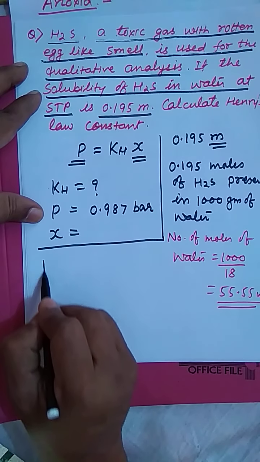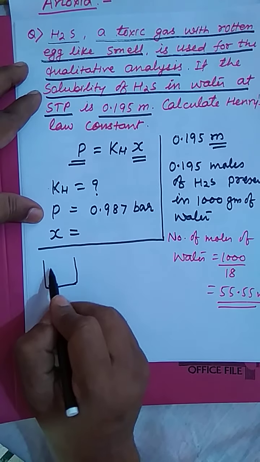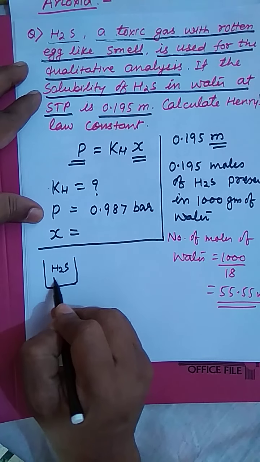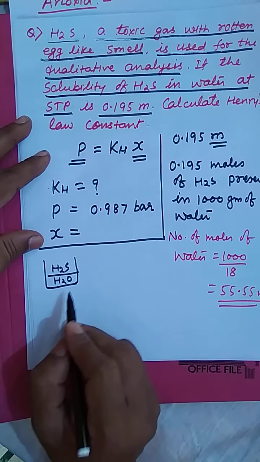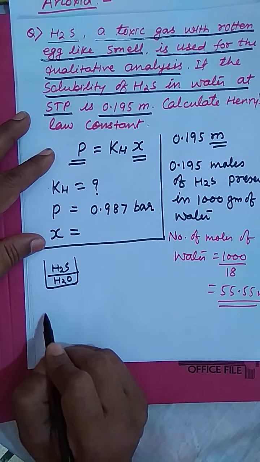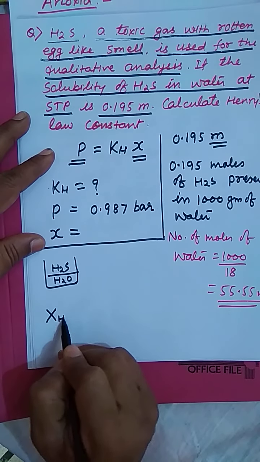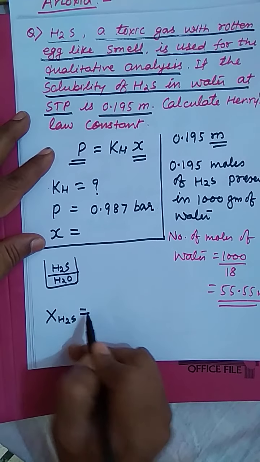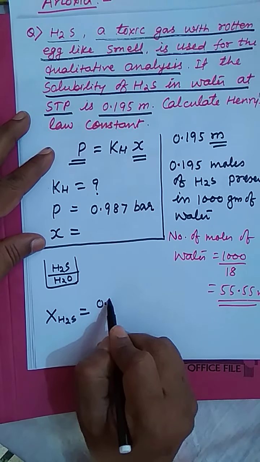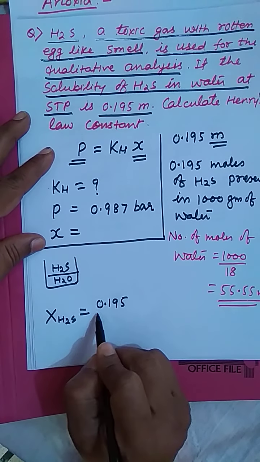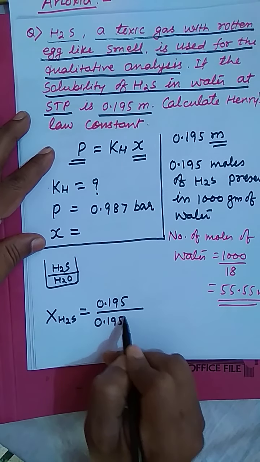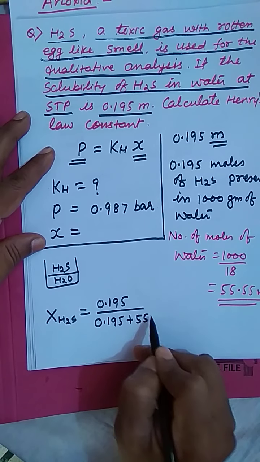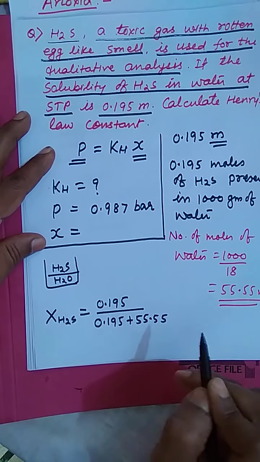Why do we have to calculate this one? Because the solution has H2S and H2O, so the number of moles is calculated. Now you can calculate the mole fraction of H2S. So this is equal to 0.195, number of mole of H2S, upon number of mole of H2S plus number of mole of water.